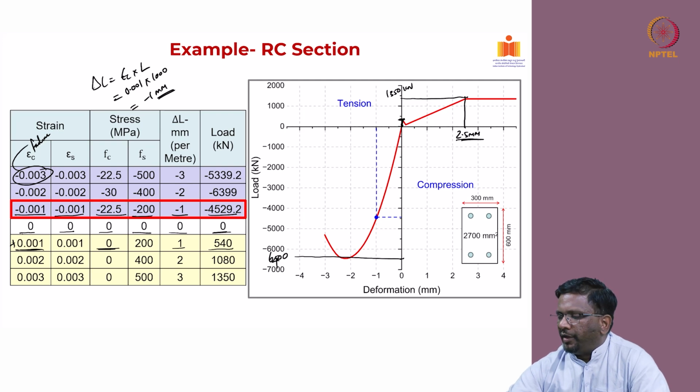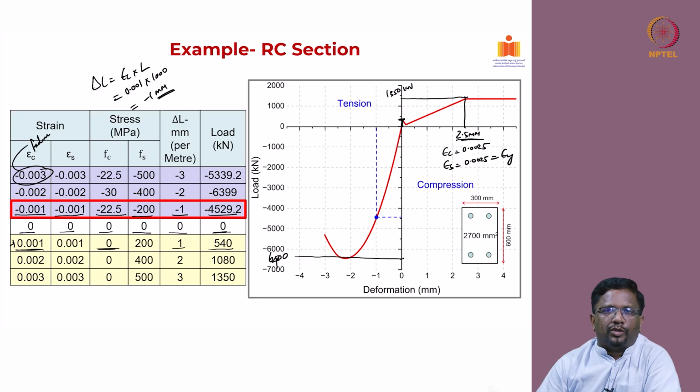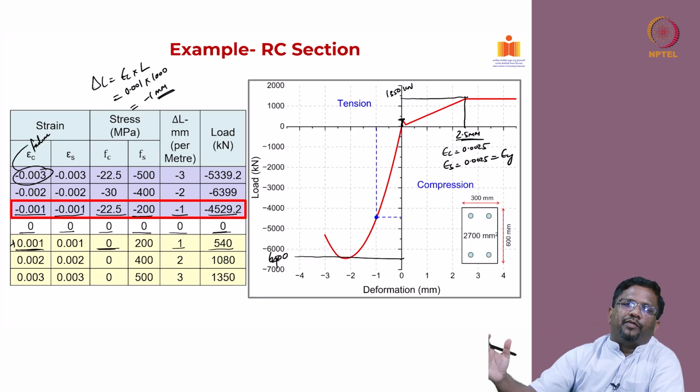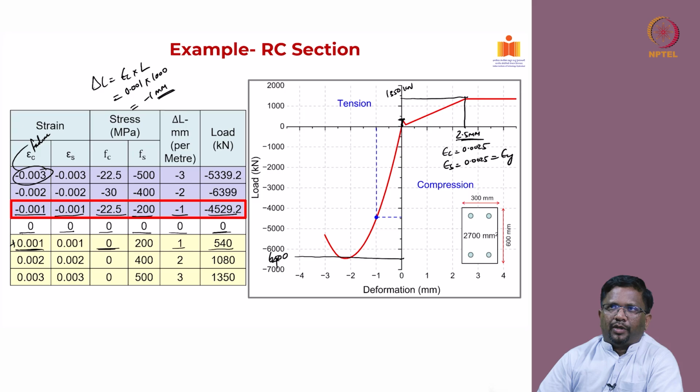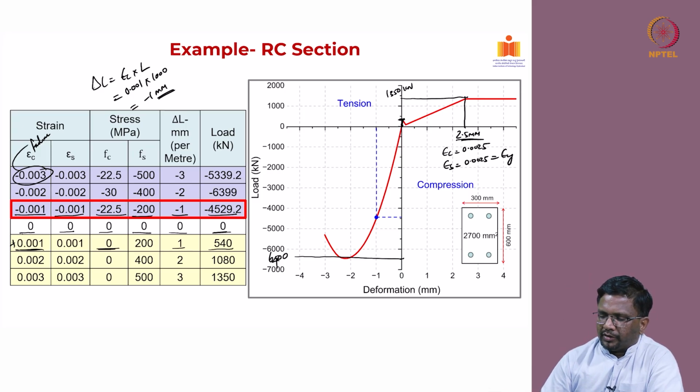When strain in tension epsilon c becomes 0.0025, then epsilon s also will become 0.0025, which is equal to epsilon y, right. So, that is where it is going to yield. After that the steel is not going to give any additional resistance, it will keep giving that 500 megapascal stress, right. In this way the entire load deformation curve for a reinforced concrete member can be generated. So, you can see here these are the stresses that you get.